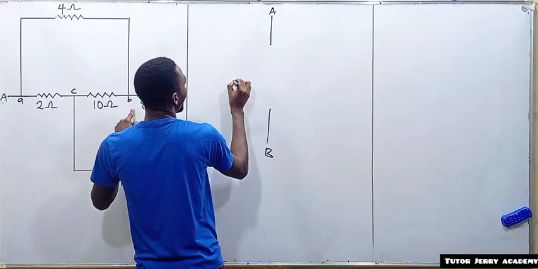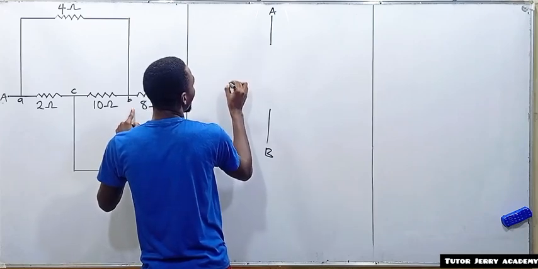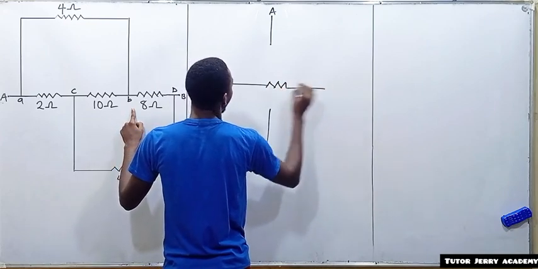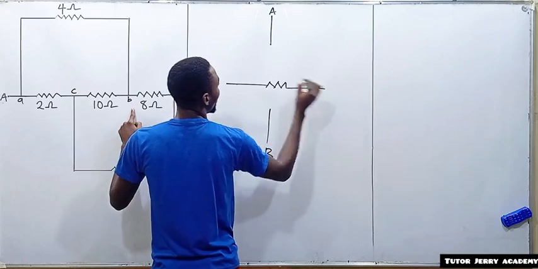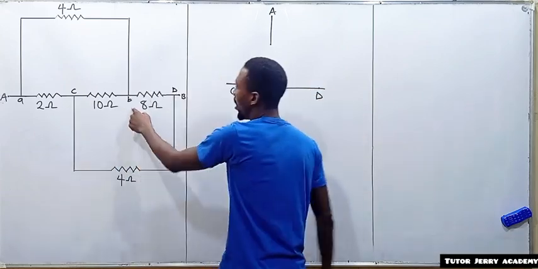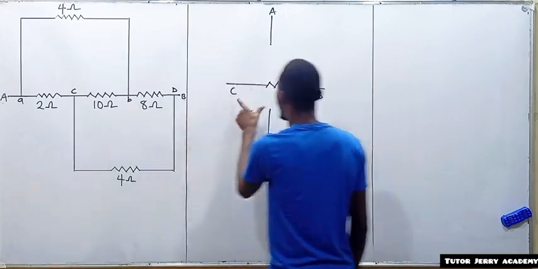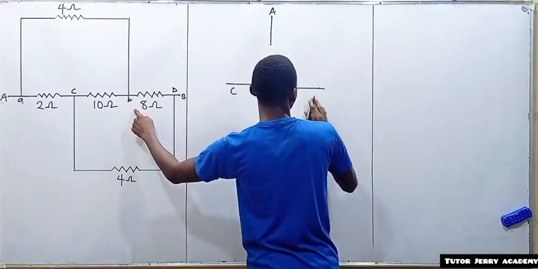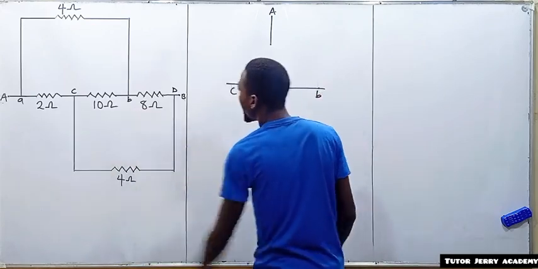So we can therefore have something like this. Then let's call this point C and point D. All right. So we are done with this part. This is CB.